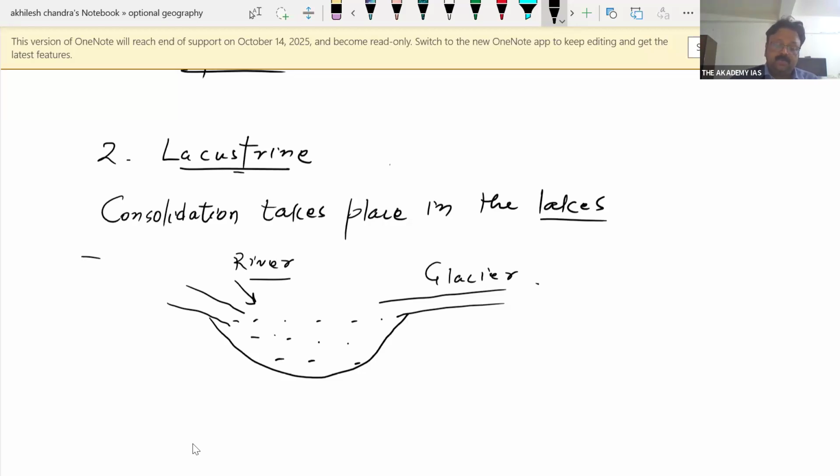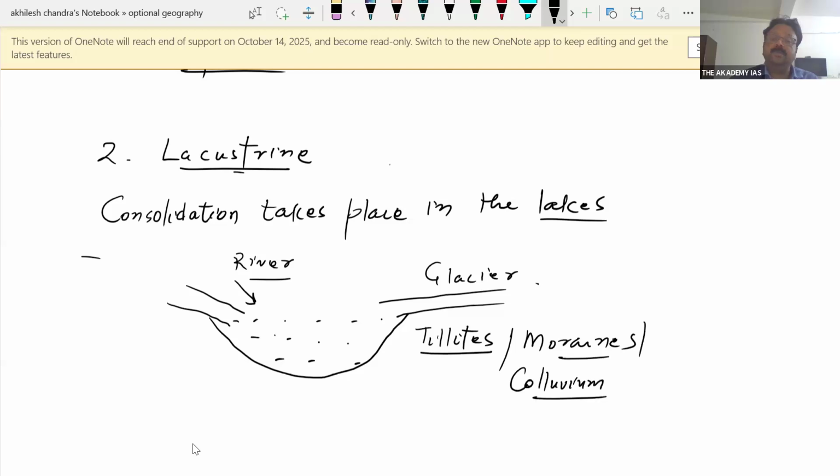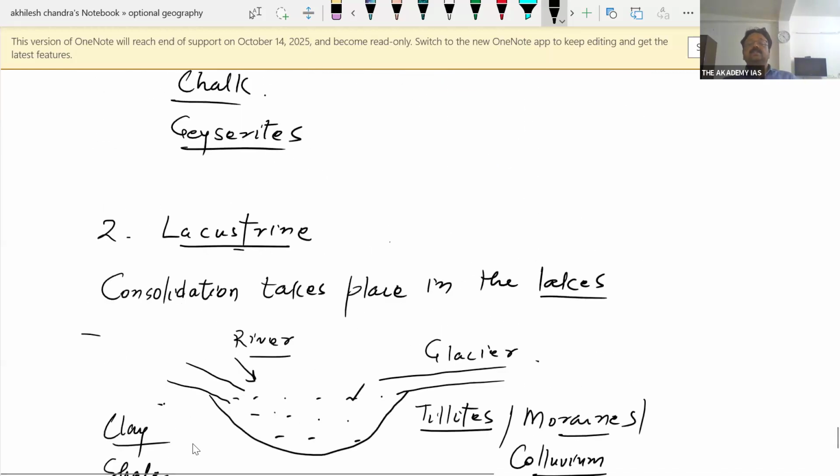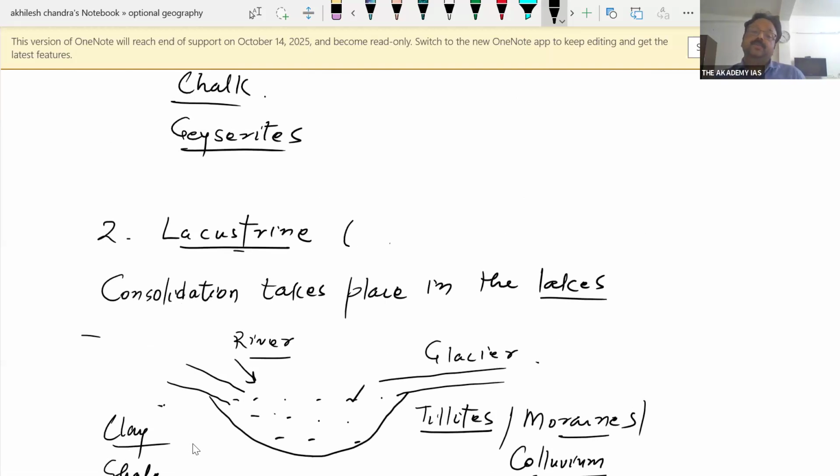Here you can find clay rocks also, and tillites, that is moraines, and colluvium deposits, from which rocks can form, and rocks of the river can also form. So you will find clay, and you will find shell over here. Fine. So these are the rocks you will find in the lake environment. So there is a classification; basically, this classification is done because of different types of fossils.